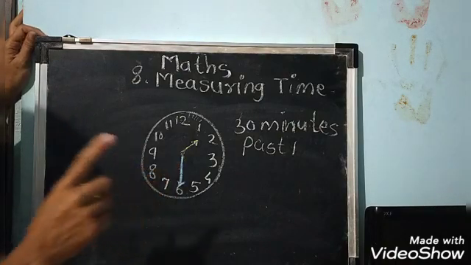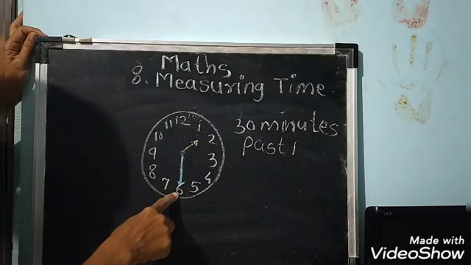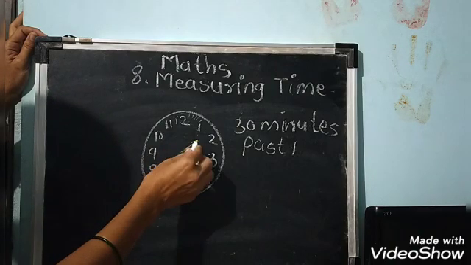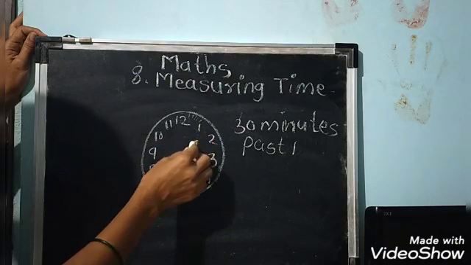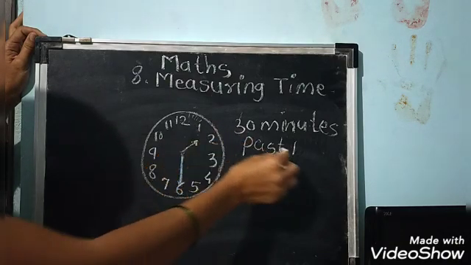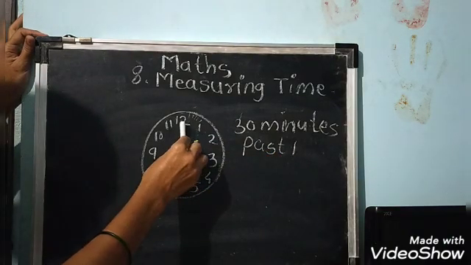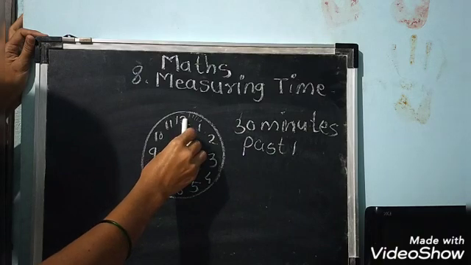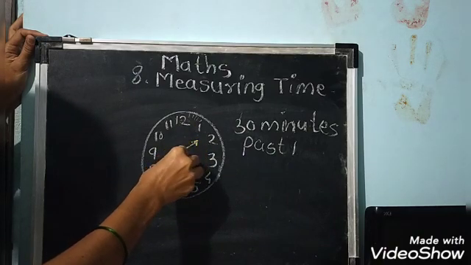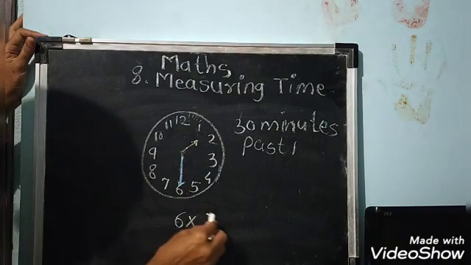See here. Once again you have to just count the minutes. You have to count only minutes. And where is hour hand? Whichever number the hour hand has crossed, that number you have to use as hours. Okay, so to count the minutes, the minute hand comes from 12 to 6, then 6, and after 6 multiplied by 5.